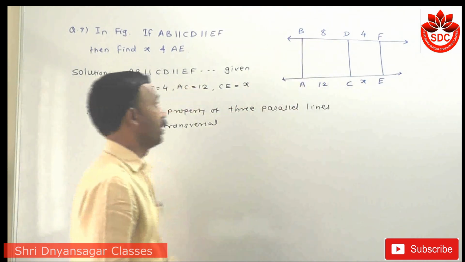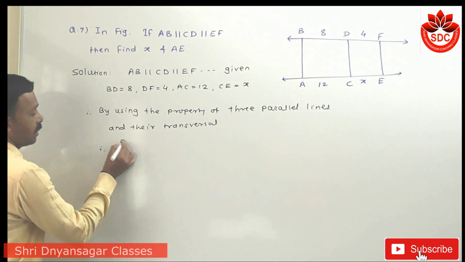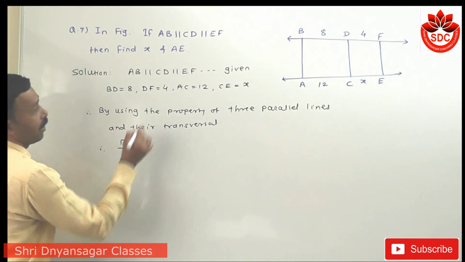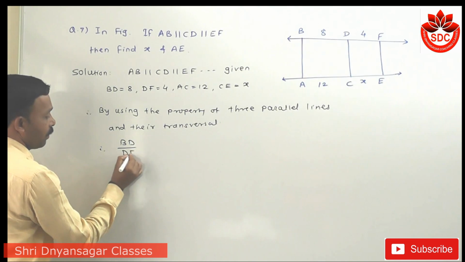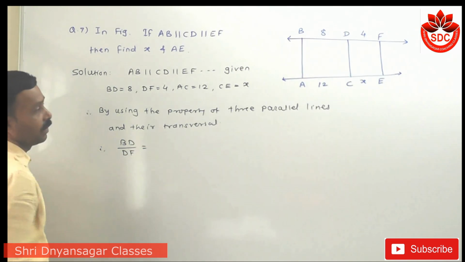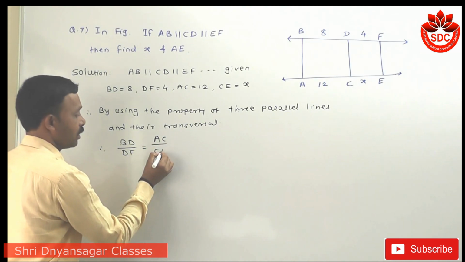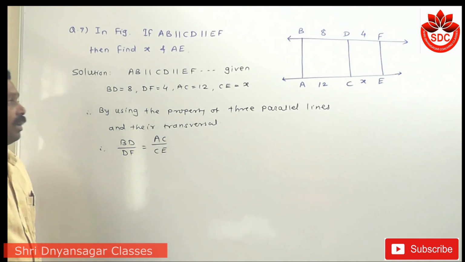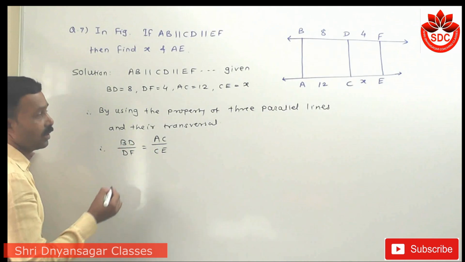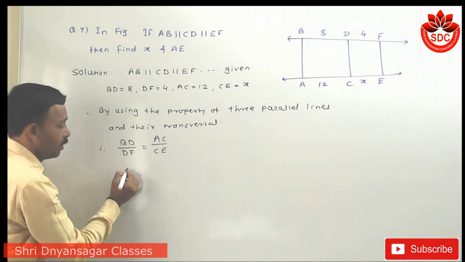I start from B, so BD upon DF is equal to another ratio, AC upon CE. Now students, we substitute the values.